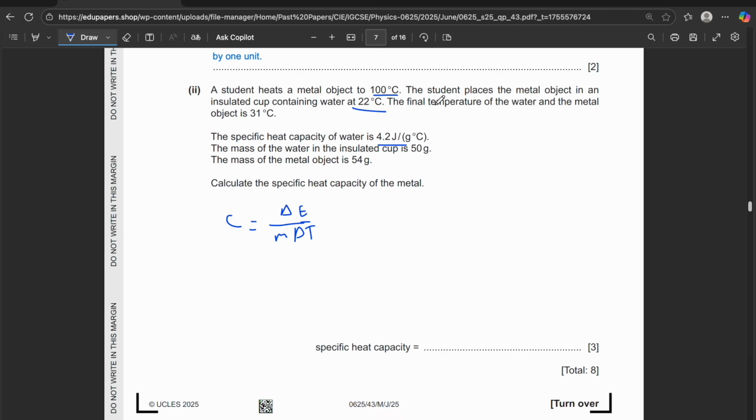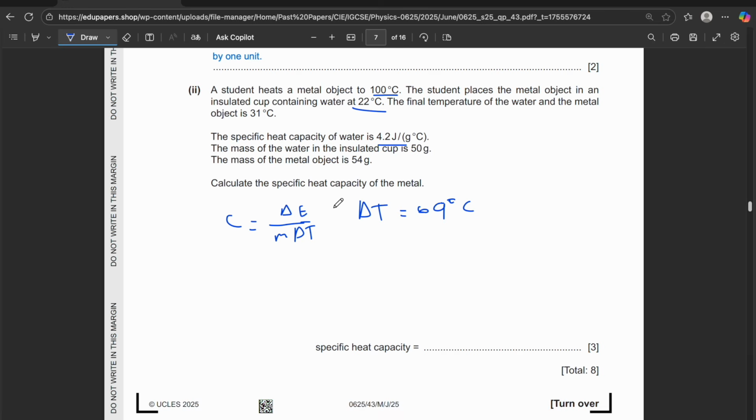The final temperature of the water and the metal object is 31 degrees Celsius, which means that the change in temperature for the metal would be 69 degrees Celsius, and you have the mass, and you need the change in energy.